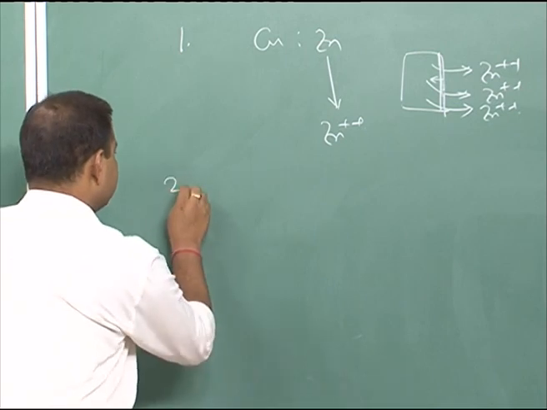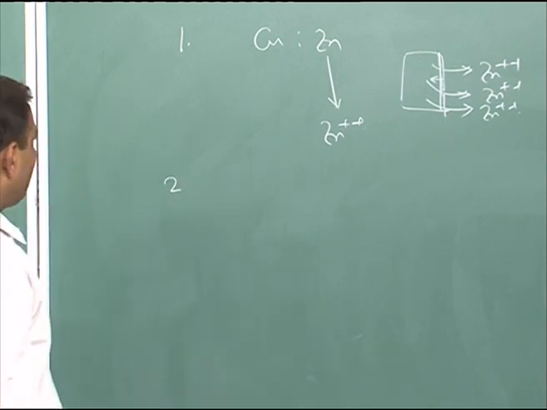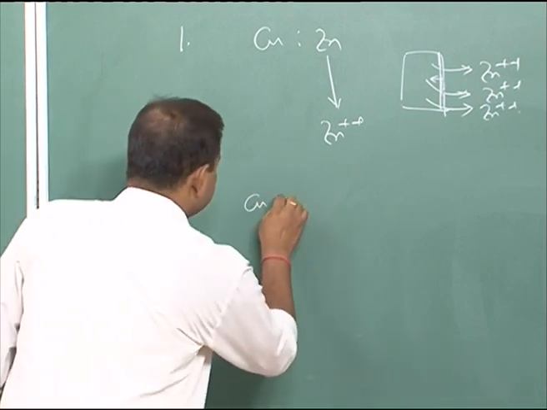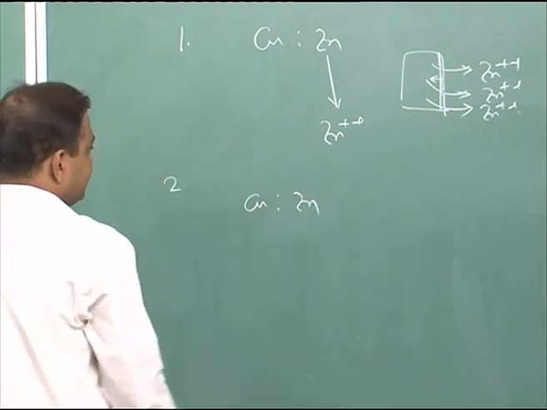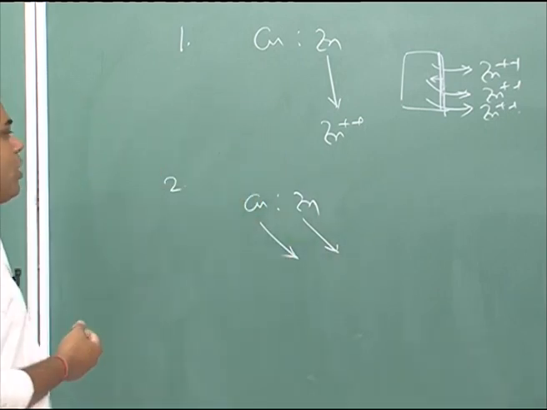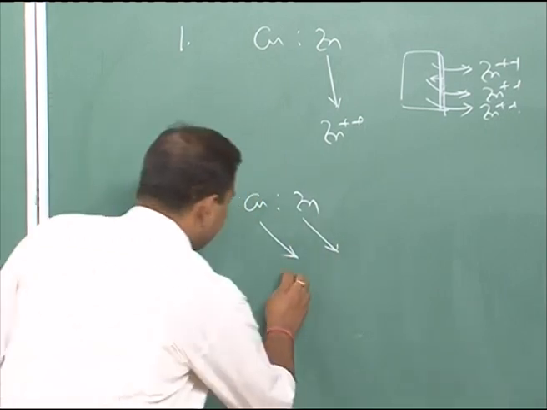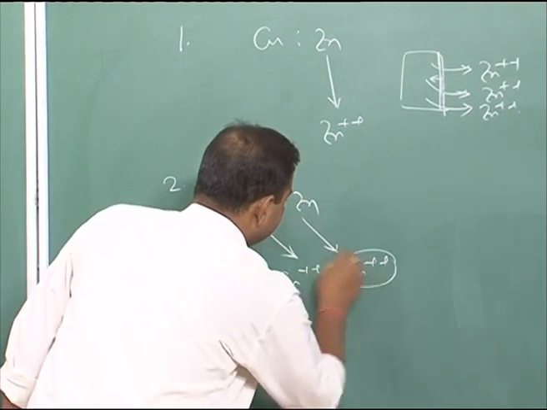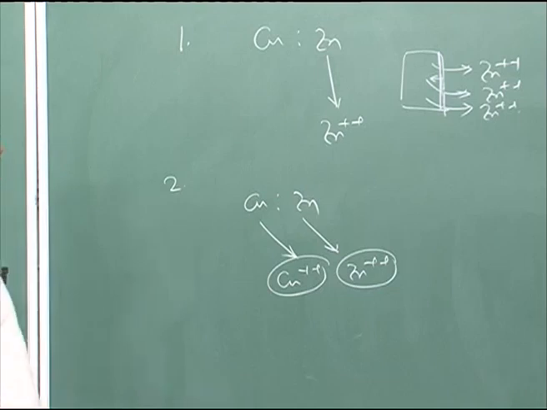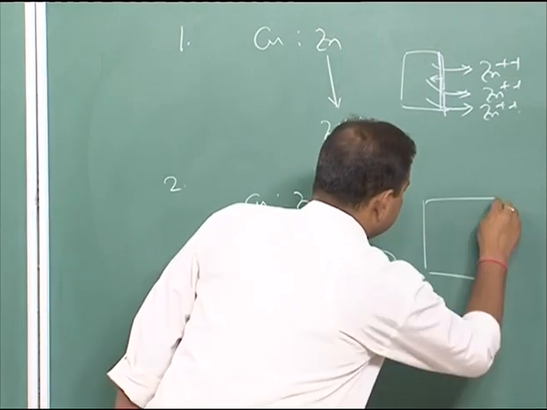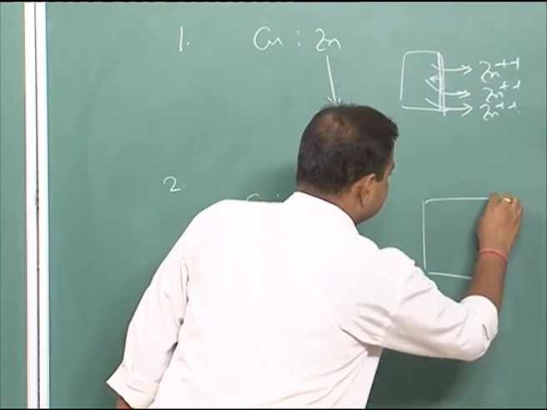Now, the second mechanism, which is almost a well accepted theory, says that zinc and copper both go out and form copper ion and zinc ion. So both dissolve, that means the brass dissolves. If you have a brass surface, let us say this entire section dissolves.